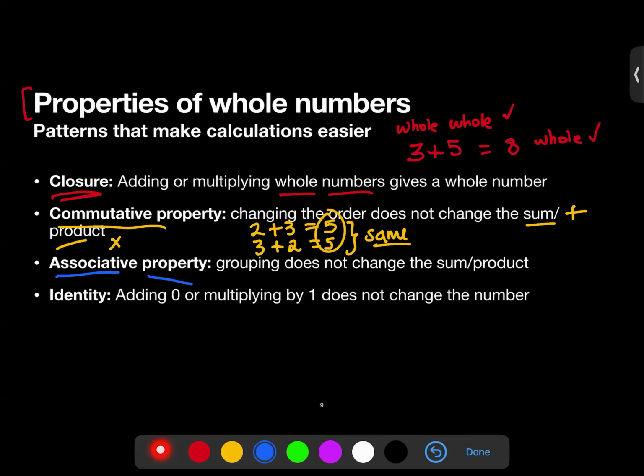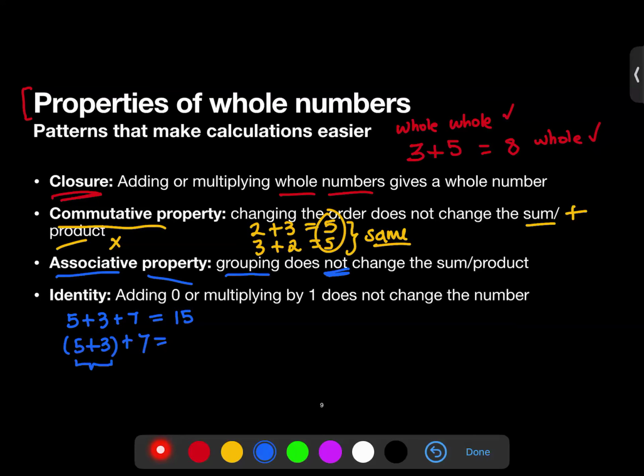Third was associative property, where grouping numbers does not change the sum or the product. So, for example, 5 plus 3 plus 7 equals 15. But if we group 5 and 3 together, and then we add the 7, the answer will be the same.